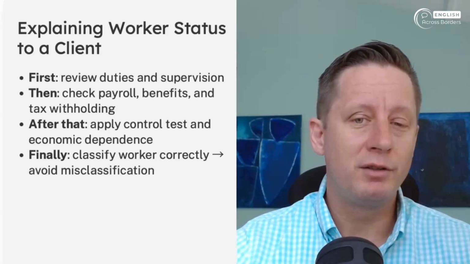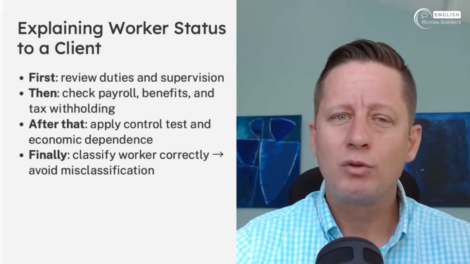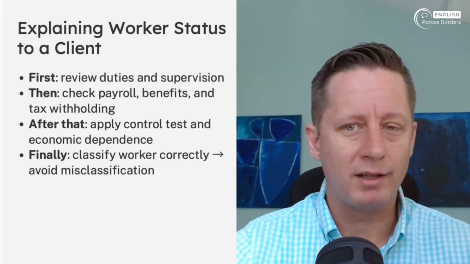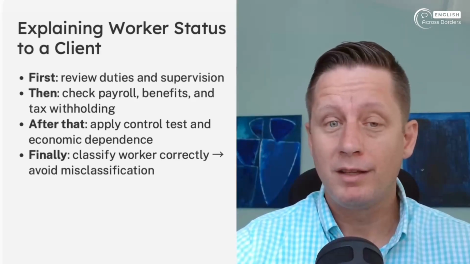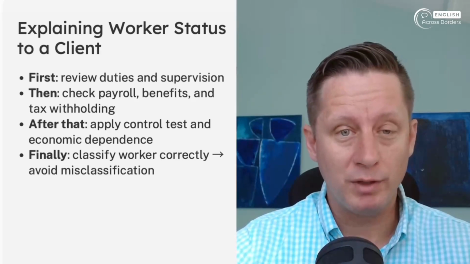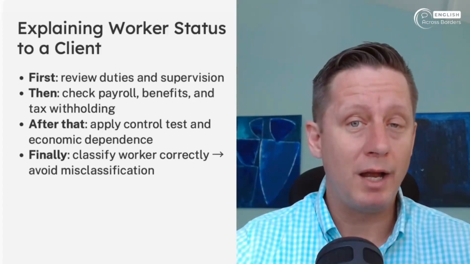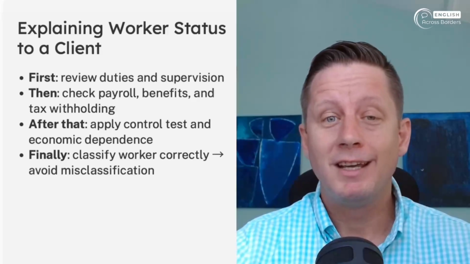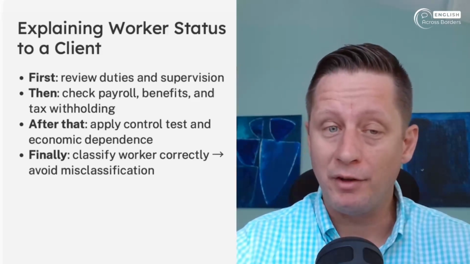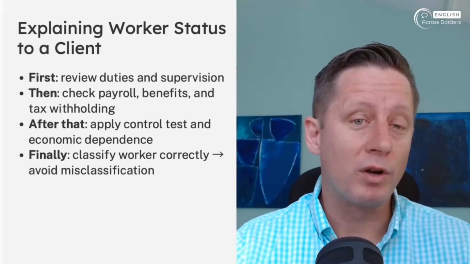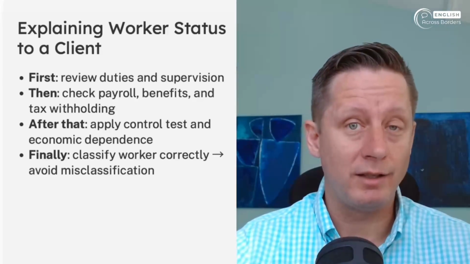The lawyer concludes, exactly. Correct classification protects both the worker's rights and the company from legal risk. This story shows how vocabulary, grammar, legal phrases, and key expressions come together to explain worker status clearly to clients.